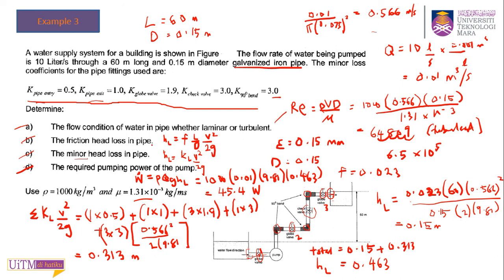So that's why in a real piping system you will have a pump, to provide that additional power to cover back the losses.